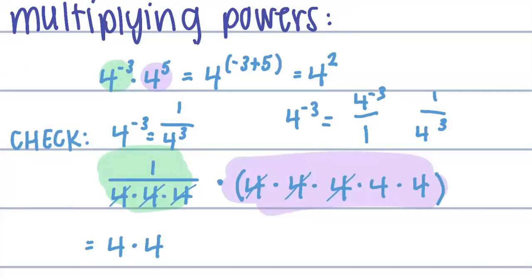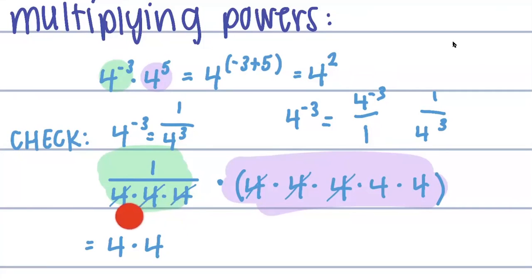Now we can check our multiplication. Here I highlighted 4 to the -3rd in green. Remember how I said you can flip it and you get the reciprocal, and then it's a positive exponent.